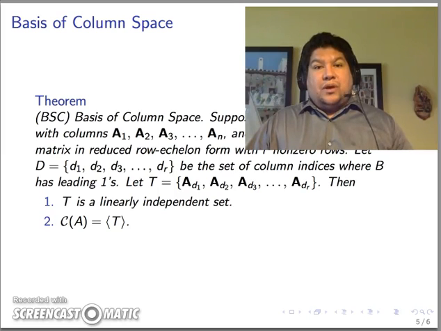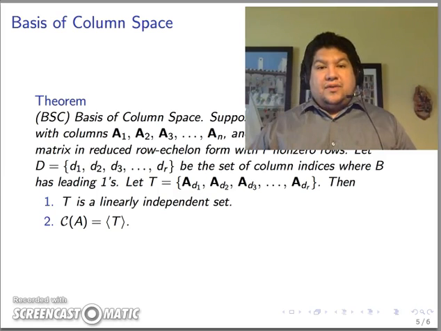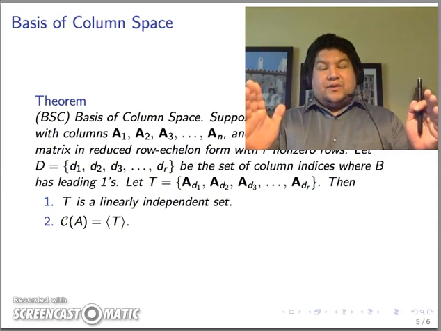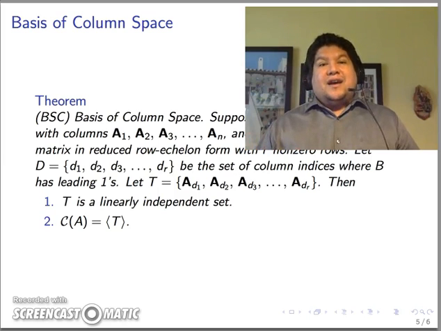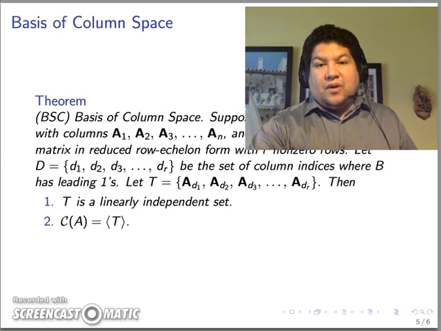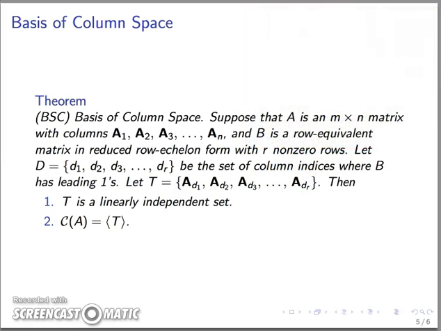This has to do with coming up, given a set of column vectors, with a subset of that set which is linearly independent and is also spanning. In other words, it has both properties, the spanning property and the linearly independent property. All we have to do is rely on the RREF, the reduced row echelon form of the matrix, to be able to come up with this subset.